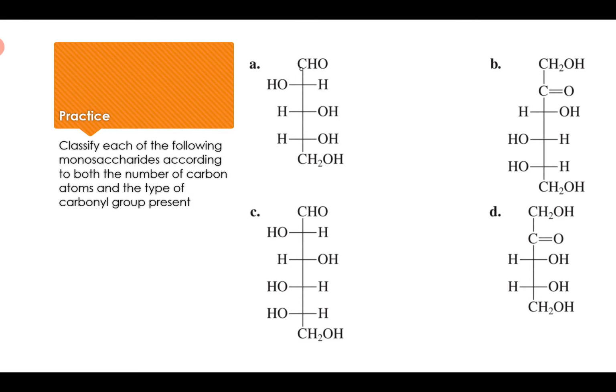Alright, so how many carbons does the first one have? These are Fischer projections, which means that there's also carbons at the intersections of all these points. So there's 1, 2, 3, 4, 5 carbons. This says CHO, meaning aldehyde.